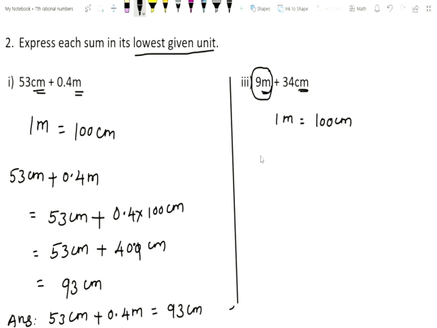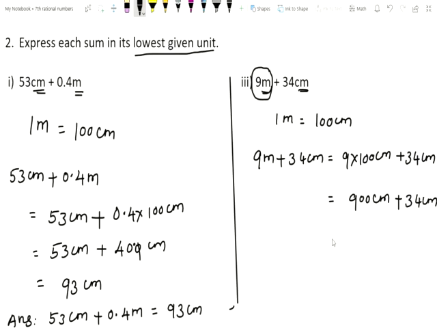So 9 meter plus 34 centimeter equal to 9 into 100 centimeter plus 34 centimeter. 9 into 100, what you will get, children? 900 centimeter plus 34 centimeter. 900 plus 34, what you will get? 934 centimeter.